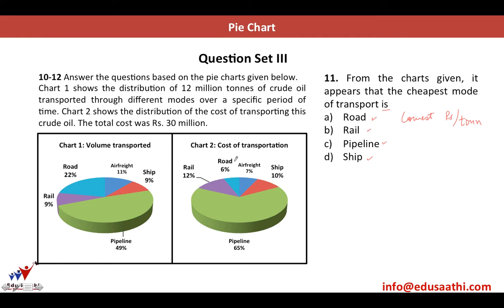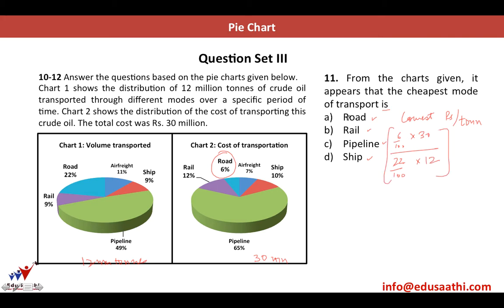The cost incurred for road transportation is 6 by 100 multiplied by 30 million. Because this pie chart represents a total of 30 million and this one of 12 million tons. So this is the cost spent on road divided by the volume moved by the road, which is nothing but 22 by 100 into 12.